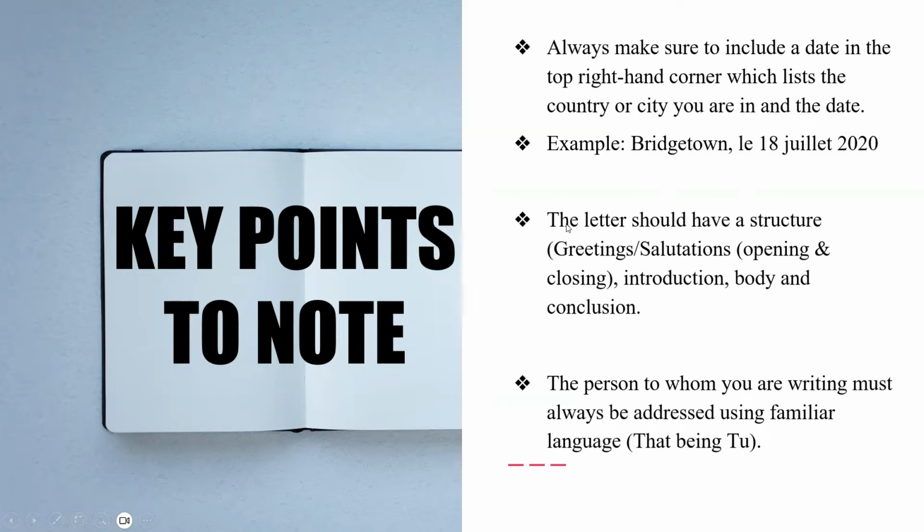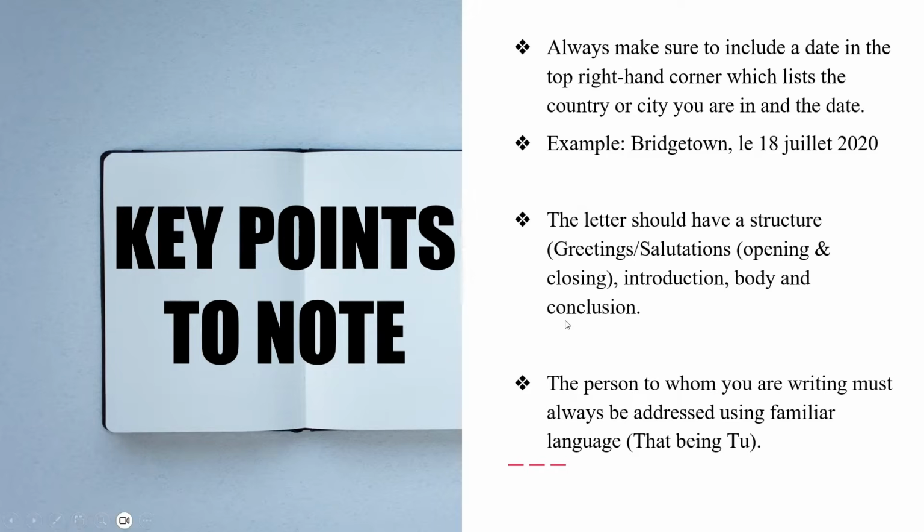All right, next key point to note is that your letter should have a structure. Greetings or salutations, opening and closing. It should have an introduction, a body, as well as a conclusion.